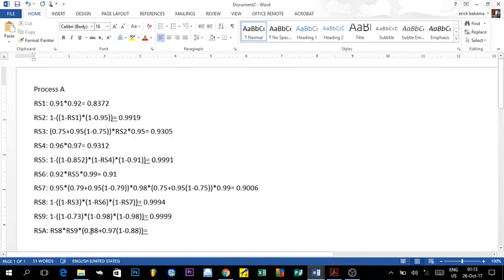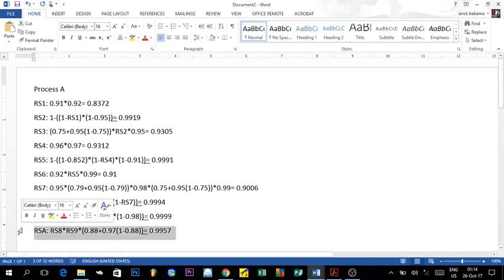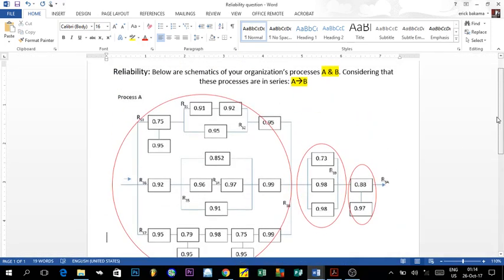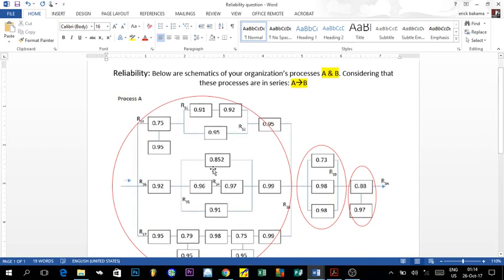I'm not replacing these values here because we already get them from here. So RSA gives us a value of 0.9957. This is the reliability of system A that we're looking for.